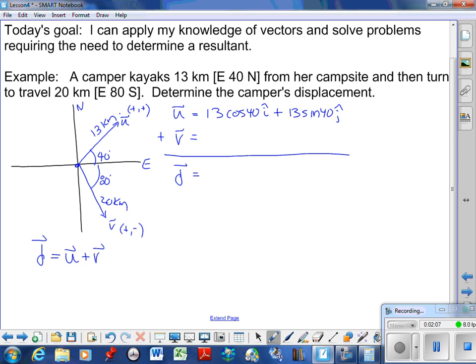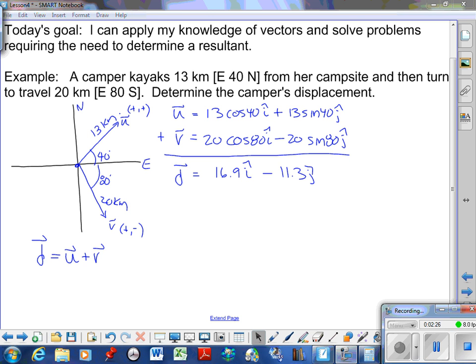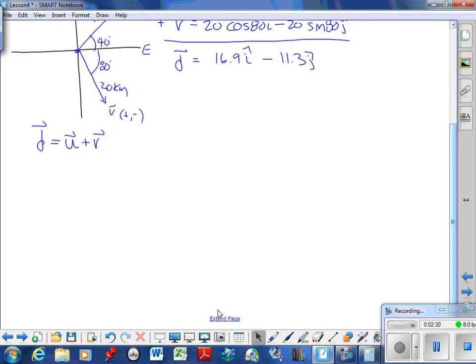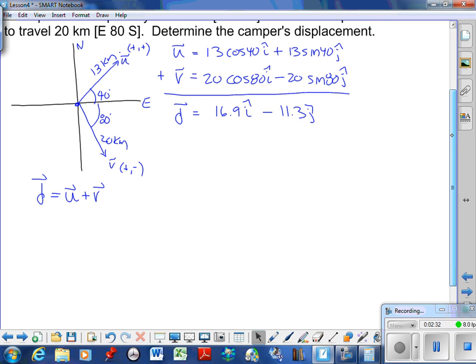My V vector will be 20 cos 80 i minus, because that Y component's negative, 20 sin 80 j. I'll pause to get the X and Y components. So when we calculate our X and Y components, or i and j values, I get 16.9i minus 11.3j.